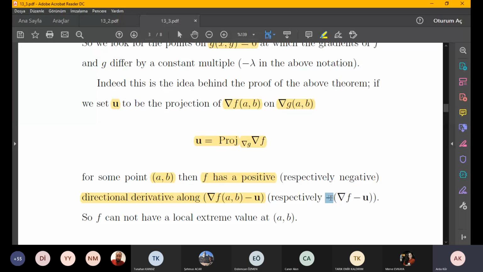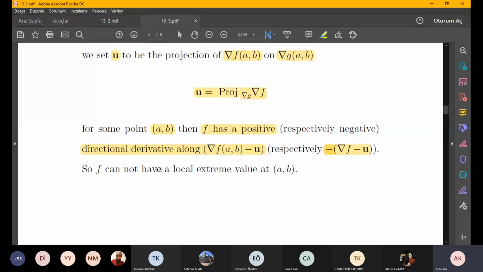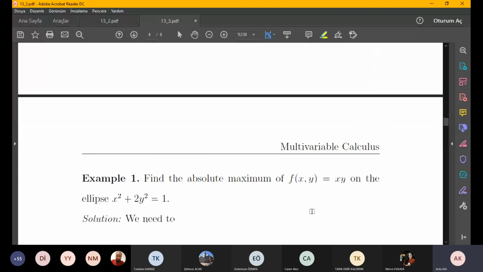So it cannot have a local extreme value at that point (a,b). That is the brief proof of the theorem.